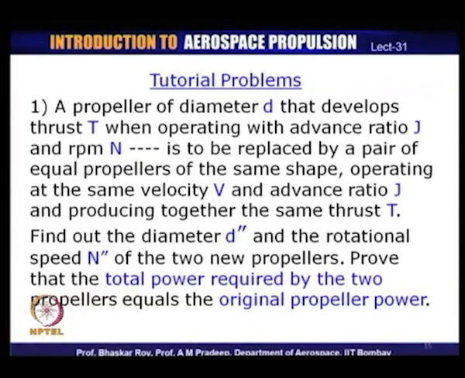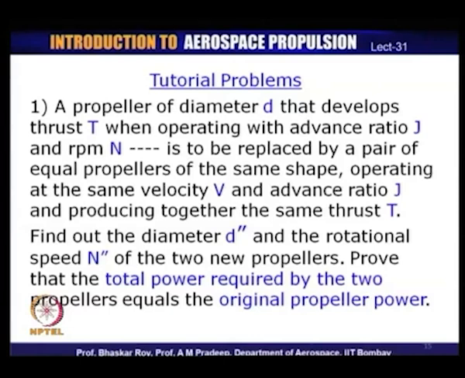The problem is find out the diameter d prime and the rotational speed n prime of the two new propellers, which are obviously going to be smaller propellers, and prove that the total power required by the two propellers equals the original propeller power. And if that is so, you can use the same engine probably to use two propellers, or you can use two smaller engines which together produce the same power.